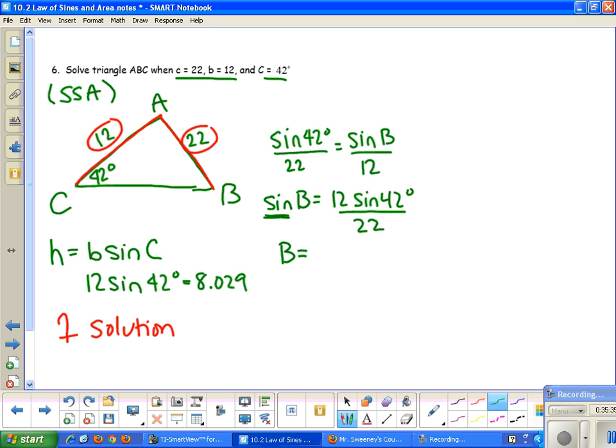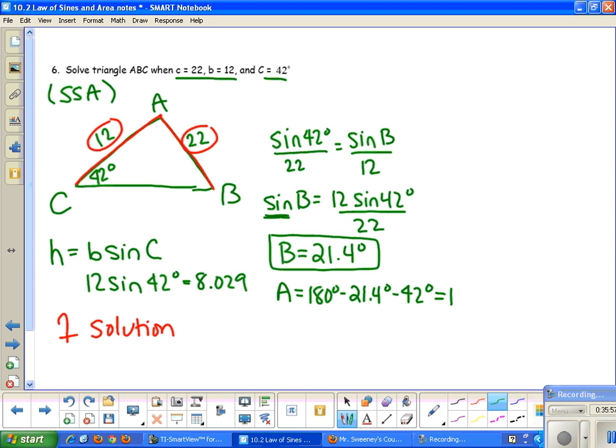So b would be equal to a value of 21.4 degrees. And make sure you can plug that into your calculator. So now that I have b, then that means I can find a. A is equal to 180 degrees minus 21.4 degrees minus 42 degrees, which would be equal to 116.6 degrees.